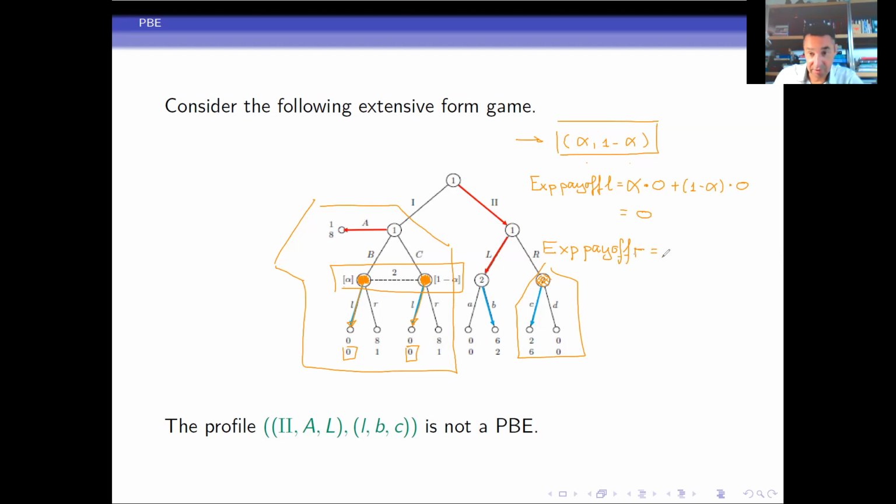And the same you can do for right. With probability alpha, you are on the left-hand side. And if you choose right, you get 1.